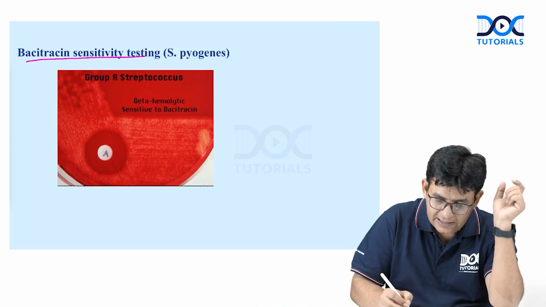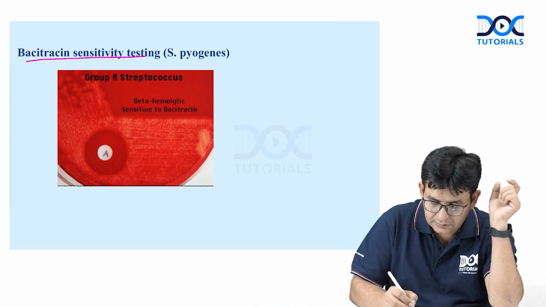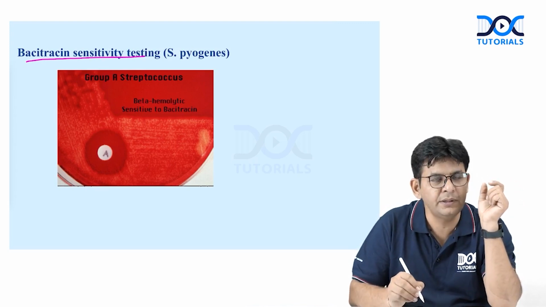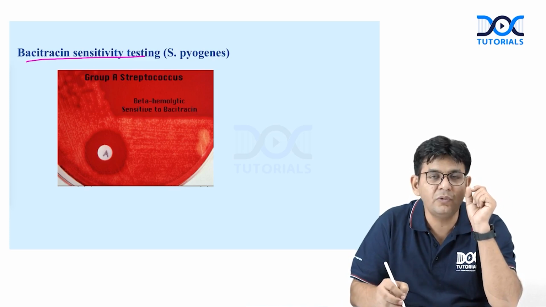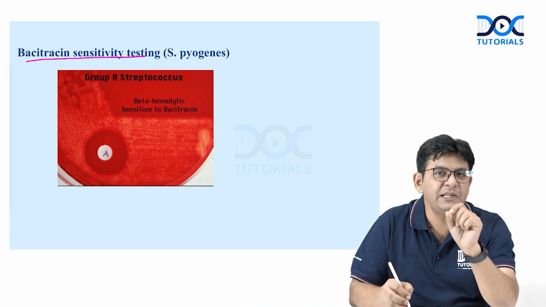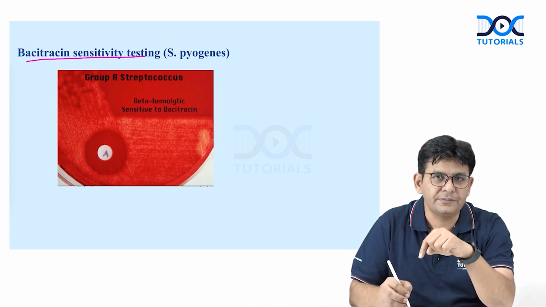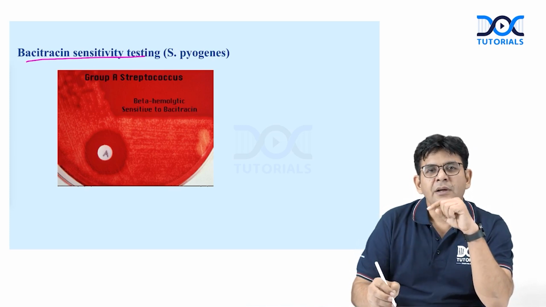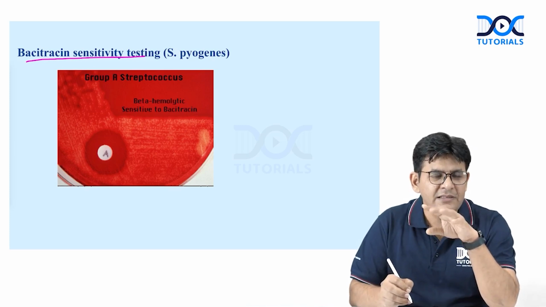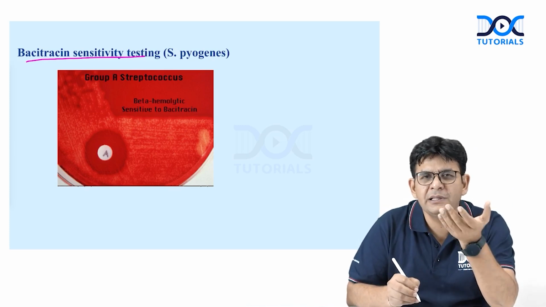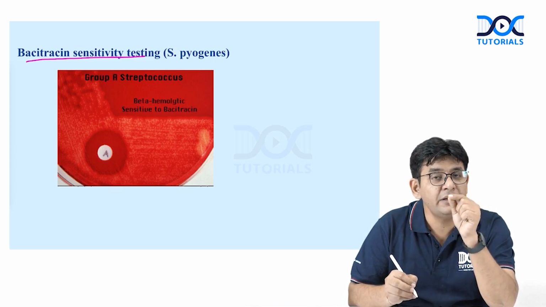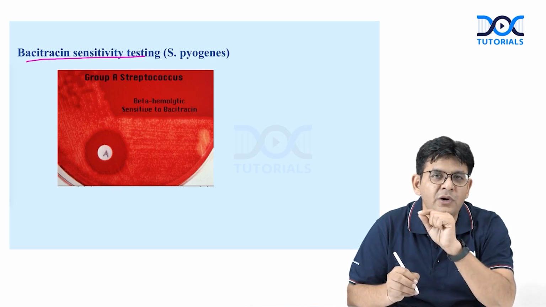This is that, and as you can see, around this a zone is coming up. Okay, and you're growing it on what? You're growing it on MHA, and MHA is having what? Blood. So basically, this particular antibiotic testing, as we say, we do the antibiotic testing on MHA, but here you have to add the blood because you want to grow which colonies?